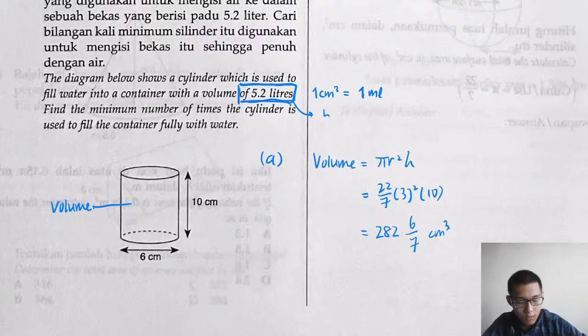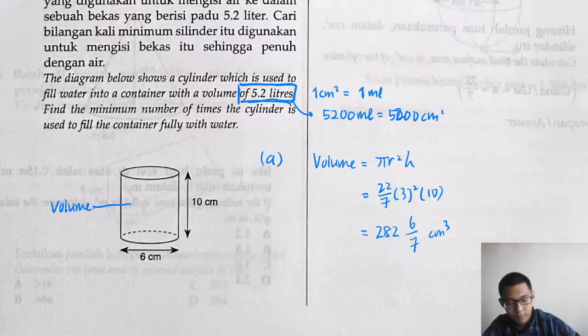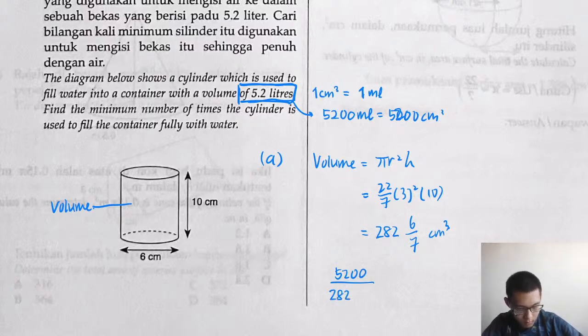So 5,200 milliliter is actually 5,200 cm cube. So we use 5,200 divided by 282 and 6/7 cm cube to find the answer.